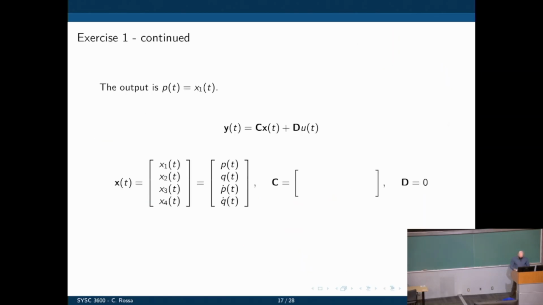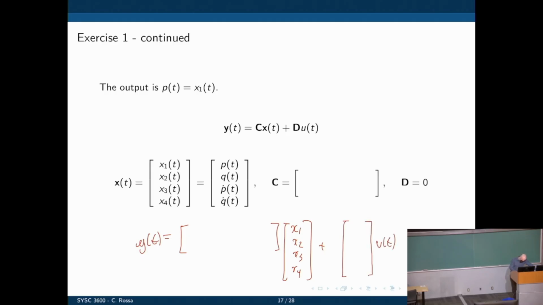So that's one of our equations. The other one is the output equation. For the output equation, we chose the output to be P of t, the position of mass 1, and that equals x1. So now we have to write this equation as shown here. So y of t is the output, and you want the output to be a vector C times x plus D, another vector, times the input u of t.